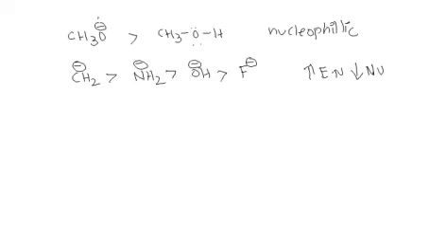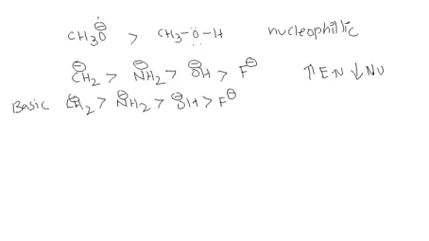Now what is more basic among all of these? Again, CH2 minus is more basic because the negative charge on carbon is less stable, as carbon is less electronegative. So that is why it is more basic. And next, if I am taking hydrides of the 15th group, all are having lone pairs of electrons.